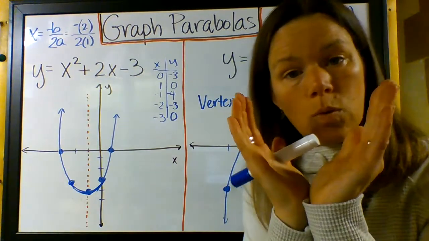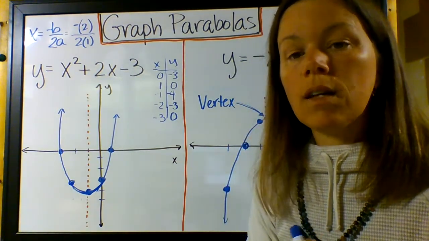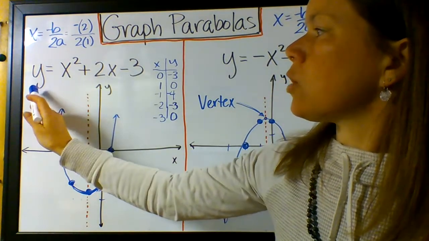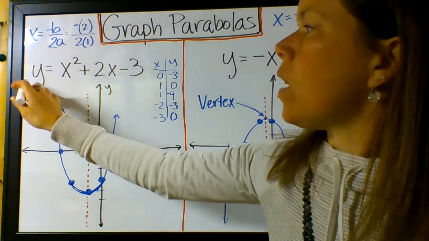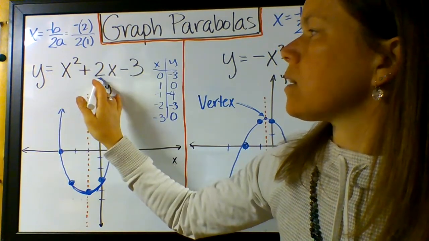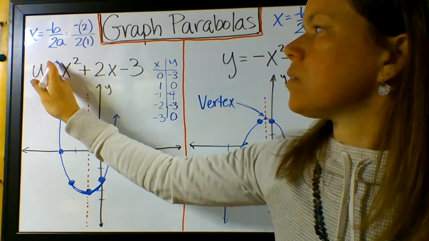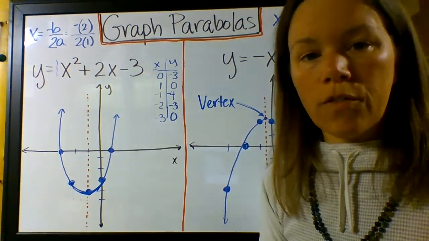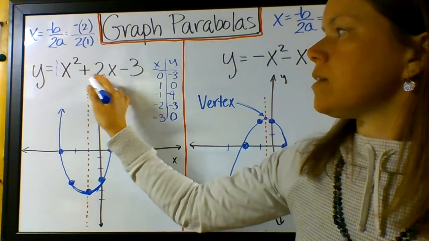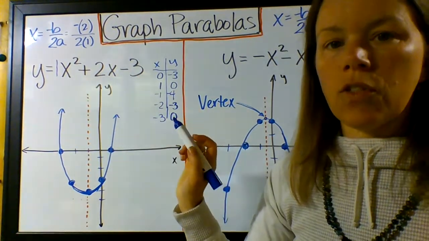It is exactly the same on either side of that axis. If we think of this equation as y equals ax squared plus bx plus c, then a here is an invisible 1. A is the coefficient. B is this positive 2. And c is negative 3.